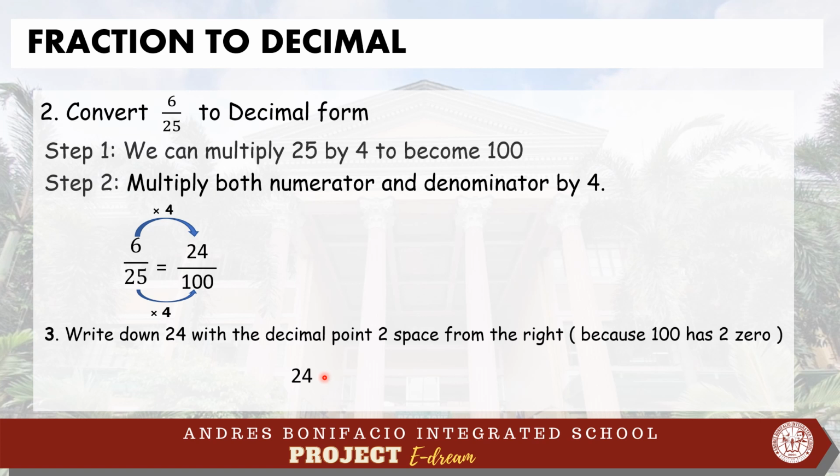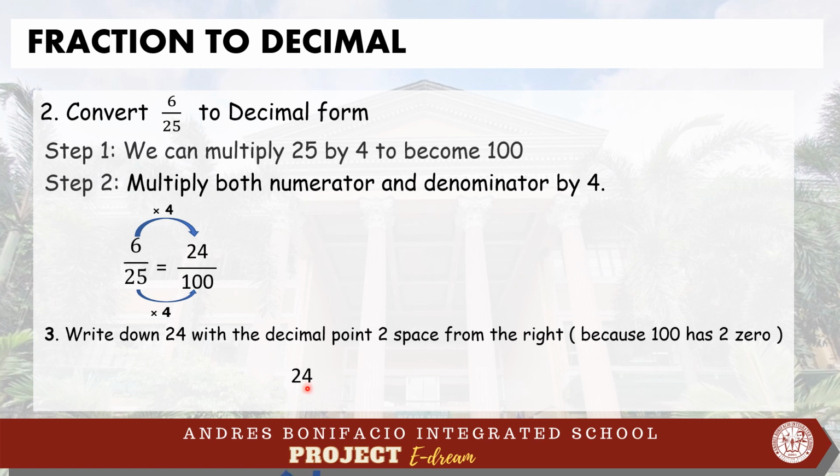Okay, bakit po 2 spaces? Kasi yung ating denominator ng equivalent fraction is 100. So, yung 100 natin ay may dalawang 0. So, kung ilang 0 po yung nasa denominator natin, yun po yung number ng pag-move natin ng decimal point. So, since dalawa yung 0 natin dyan, we have to move the decimal point 2 spaces going to the left.